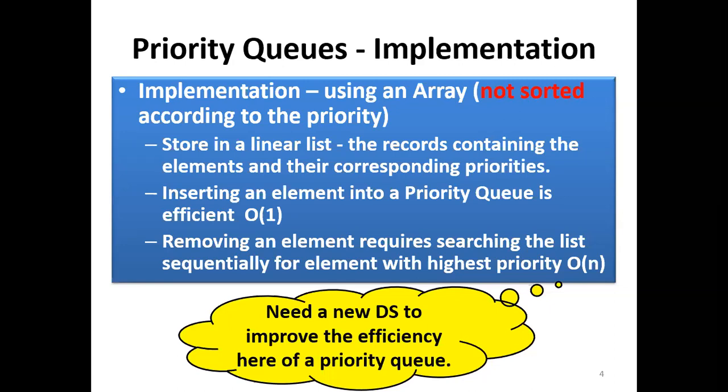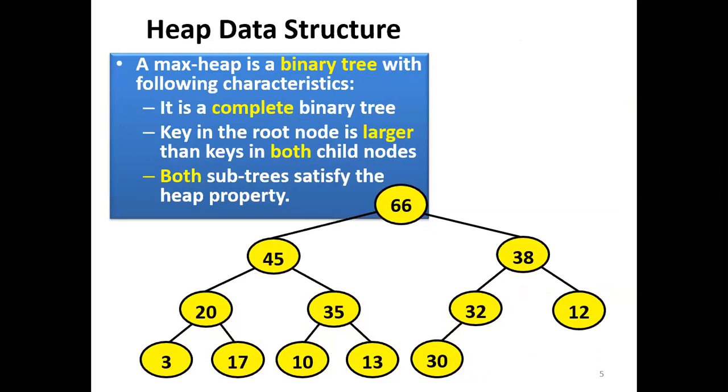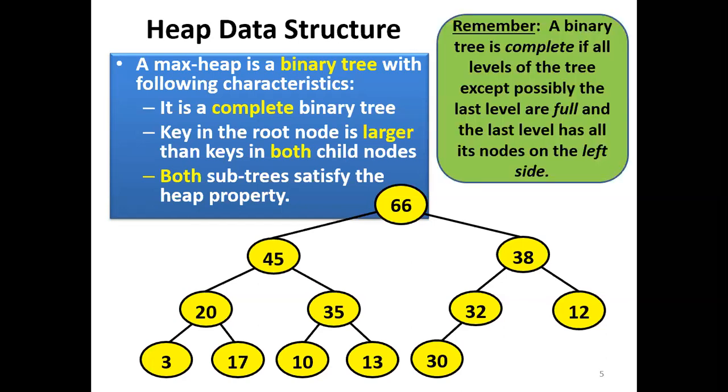So what do we do to reduce this complexity? For us to improve the efficiency, we have to introduce the heap data structure. A heap data structure is an ordered binary tree, and is also a binary tree that is complete. You remember in the previous lecture, we introduced a complete binary tree.